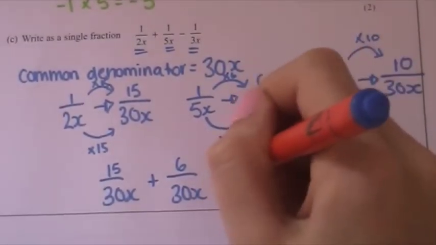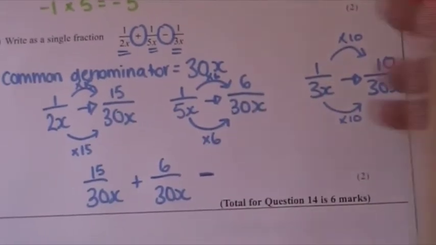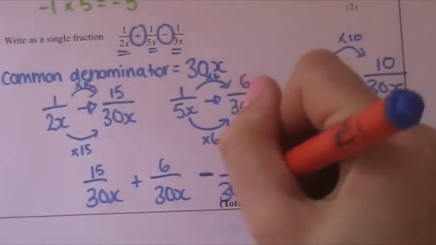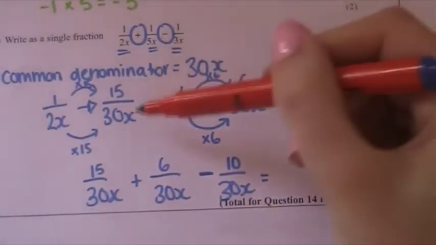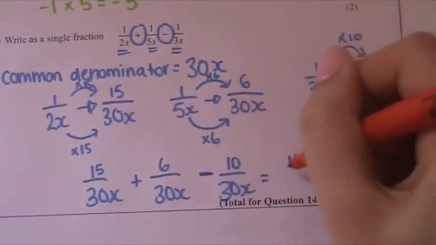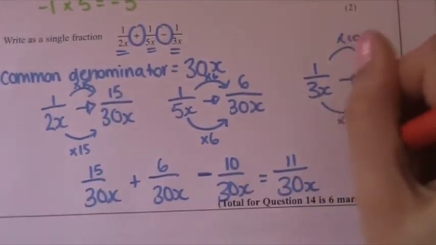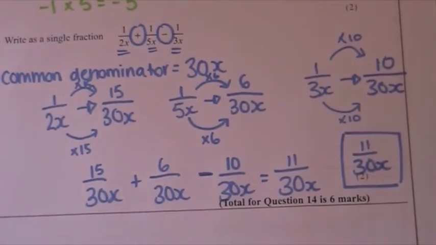So we need to remember to minus, very important to focus on these signs, minus 10 over 30x. And then we can work it out. 15 add 6 gives me 21, minus 10 gives me 11, and then our common denominator of 30x. I'll pop that on my answer box to make it clear. 2 marks that question was worth.